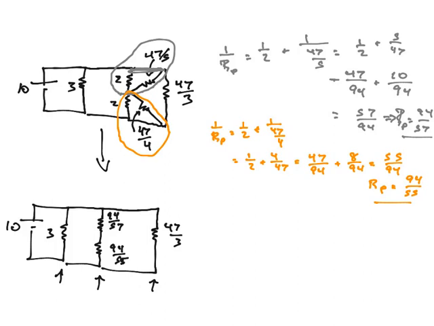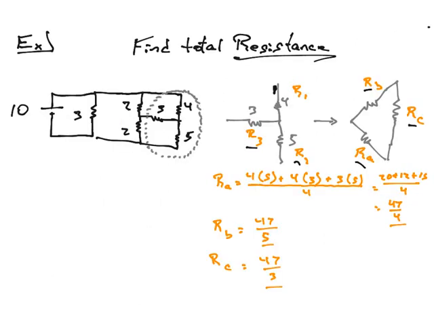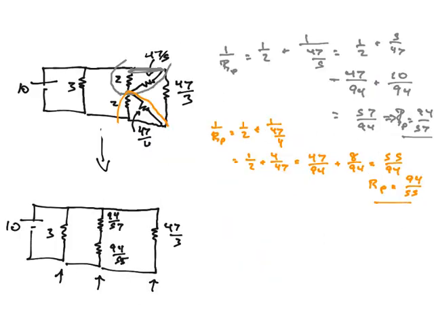Now, I redraw my circuit, and let me go ahead and take these circles away just so it's a little bit easier to see. I redraw my circuit where instead of the T, as I had before with the 3, 4, 5, I just draw in the delta instead.